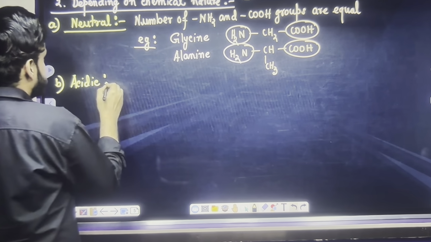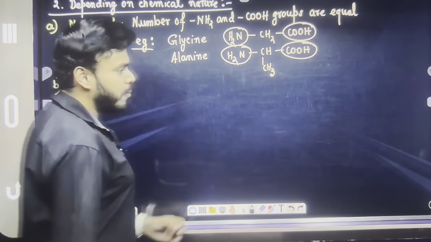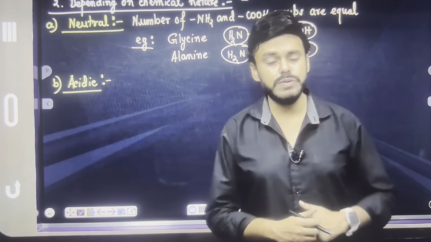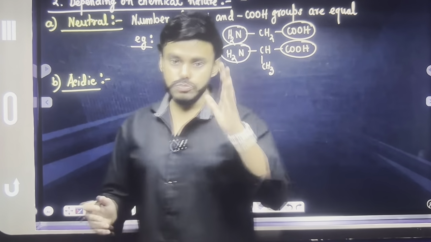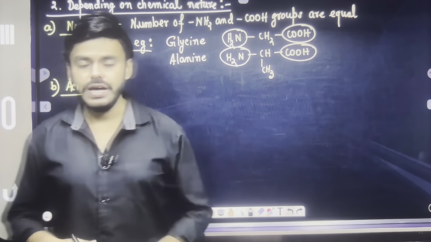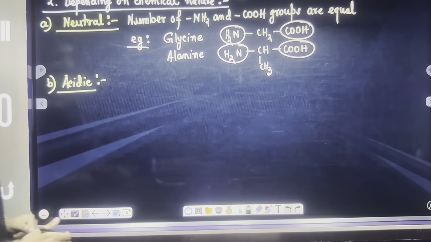The next one is acidic amino acids. As the name suggests, the number of acid groups, the COOH groups, will be more than the number of NH2 groups present in the amino acid. More carboxylic acid groups and fewer amino or basic groups make the compound acidic.